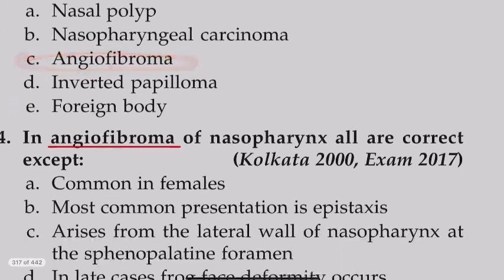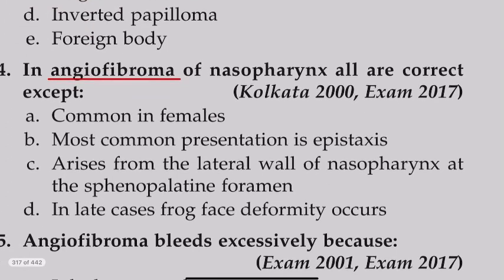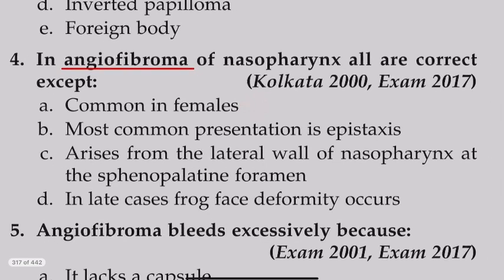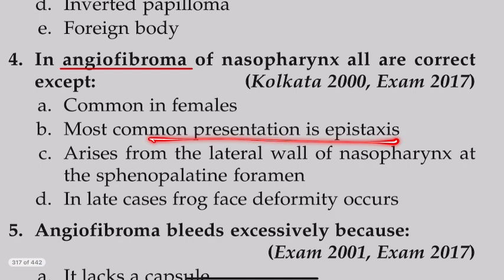In angiofibroma of the nasopharynx, all are correct except: common in females. That's not right. So we have already got the answer in question number 4: it is not common in females. But the most common presentation is epistaxis. Why is epistaxis the most common presentation?